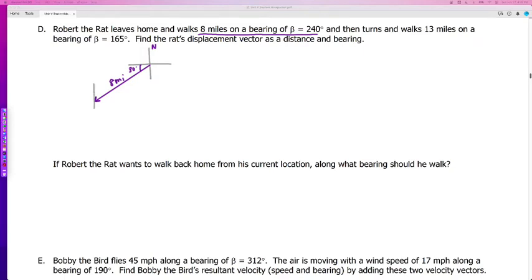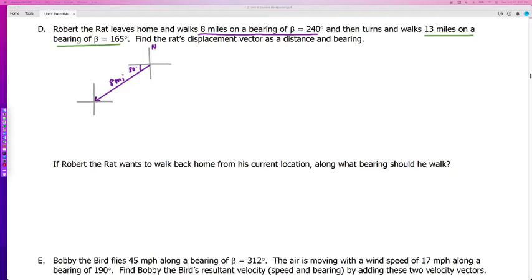Okay, because we're using the tail to head method again, I'm going to construct another set of axes. The goal here is to make sure that the axes you're constructing are always parallel to each other. So like the north poles are always parallel to each other, right? And east and west always parallel to each other. From there, the second vector is going to be 13 miles at a bearing of 165 degrees. So we're going bigger this time. I'm going to color code this so it's green. 165 degrees is 15 degrees shy of the 180 mark.